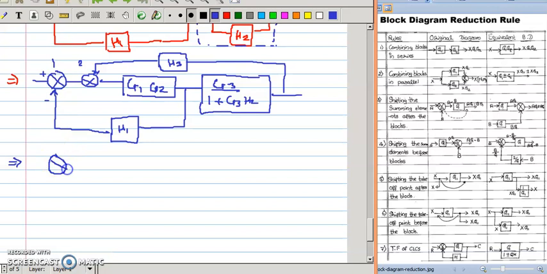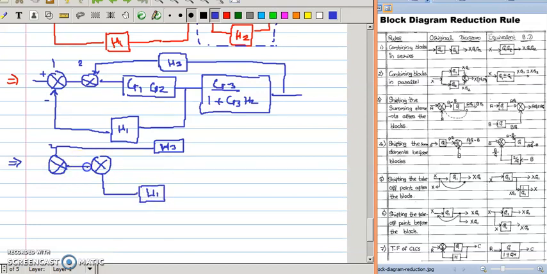I'm just putting the second one initially, then the first one. Only I'm exchanging. So the second one having feedback, that is H3 feedback, and the first one having feedback, that is H1 feedback.